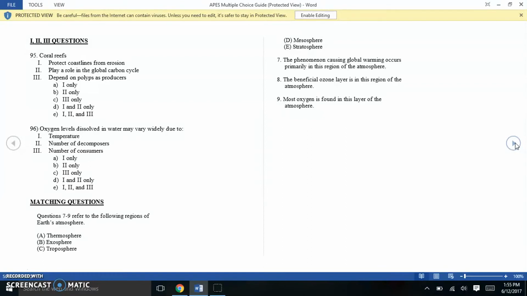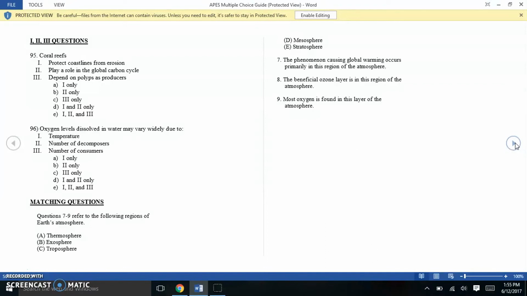After our study of our coastal environment, we would be able to answer that and break that down to the correct answer. And then 96, oxygen levels dissolved in water may vary widely due to, and you've got three answers there. Which ones are right, and you would cipher that out and put down the best answer.